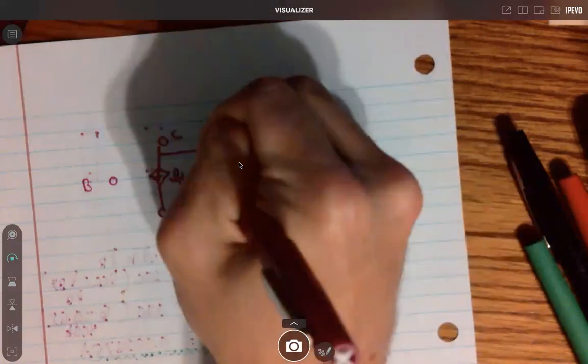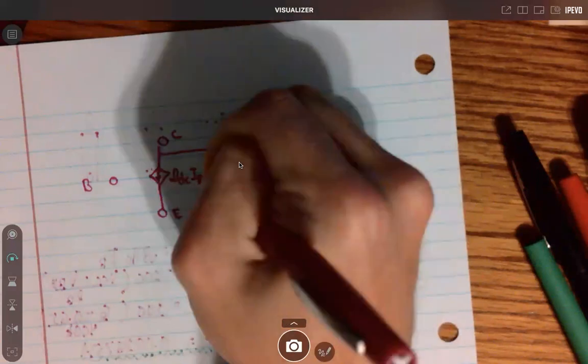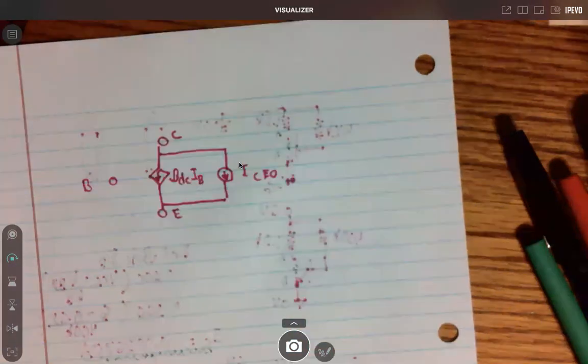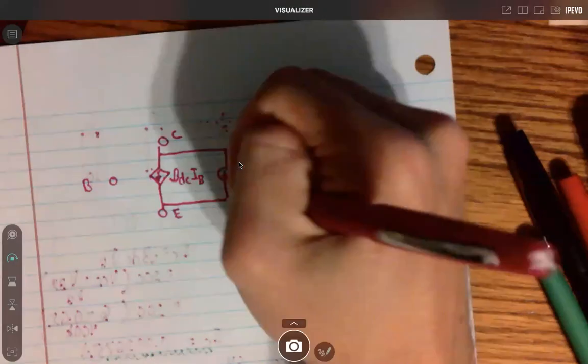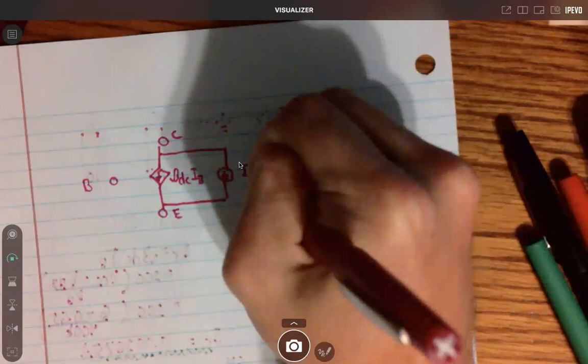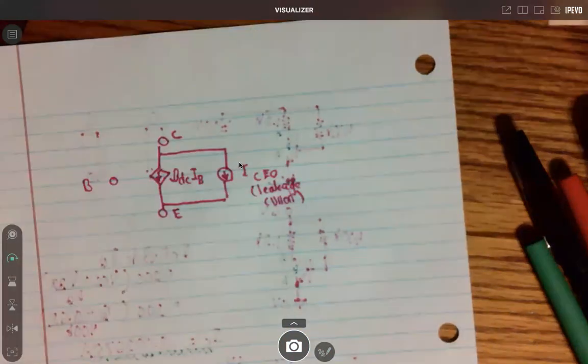And then we have some leakage current here. So this is ICEO, which is the leakage current that is in our transistor. Remember, that's where this one's coming from. So we can write this under leakage current. And then our next one is going to be the diode drop here.